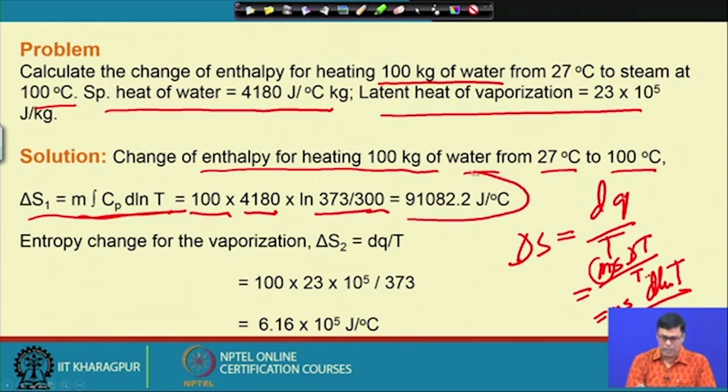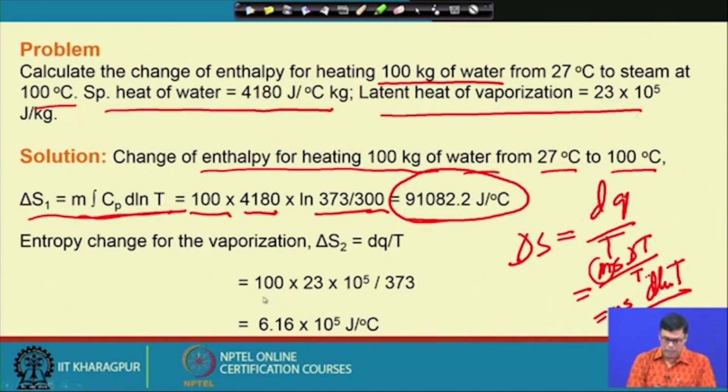So this is the change of entropy that we have if we heat the water from 27 to 100 degrees centigrade. Now if you do the vaporization, the equation will be different. The reason is that vaporization takes place at 100 degrees centigrade. It is a kind of phase change from liquid to vapor, and the latent heat of vaporization is 23 into 10 to the power 5 joules per kg.